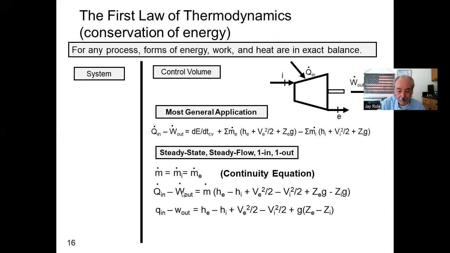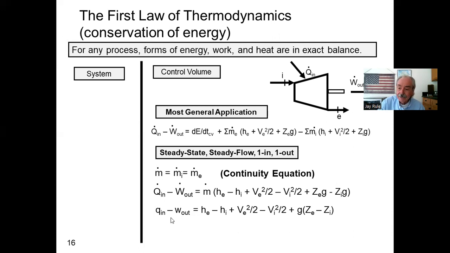Q dot in minus W dot out equals m dot, it's just one of them, times enthalpy change, h out minus h in, kinetic energy change, V squared over 2 out minus V squared over 2 in, potential energy change, out minus in.